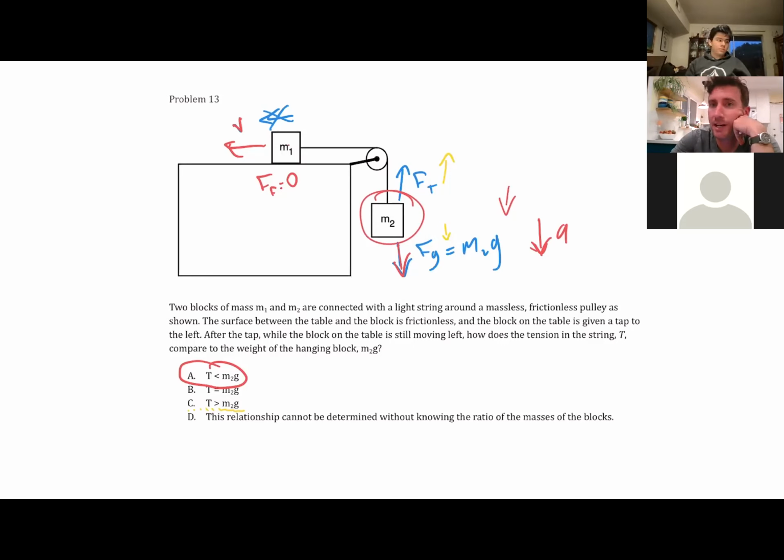But I don't have a really good justification for why in terms of my thought process. Can anybody think through a justification on why the tension has to be less than the mass times the gravity, other than my arbitrary feeling that it should be accelerating downwards?